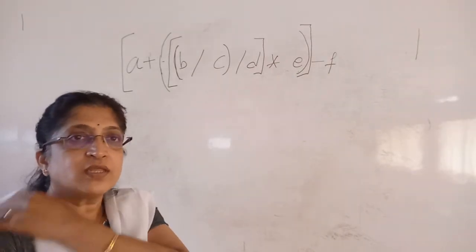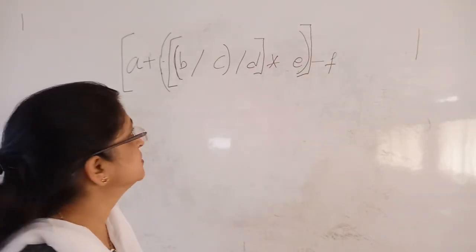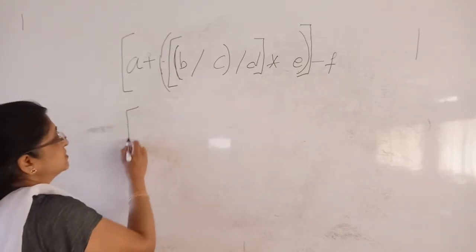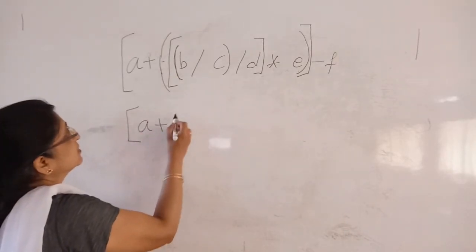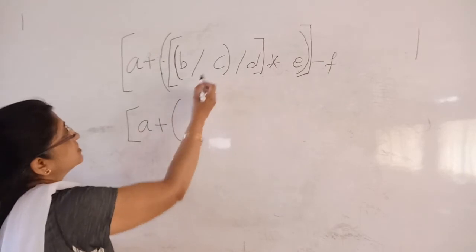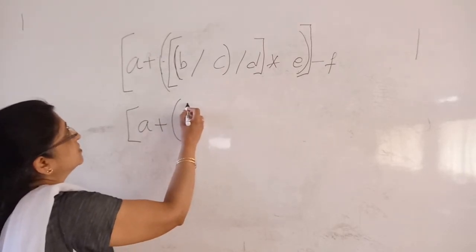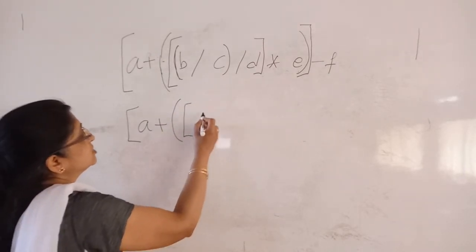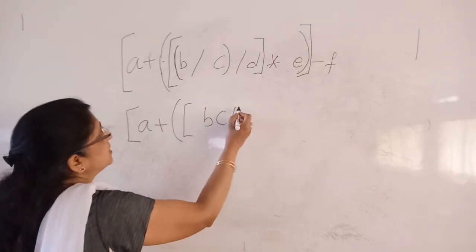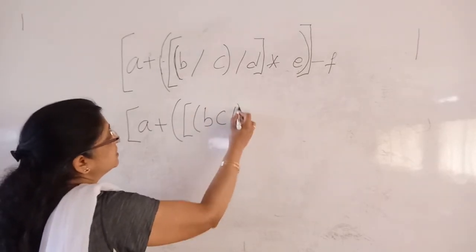Now let's start converting it from the innermost parenthesis. So the innermost parenthesis is B slash C. So we have to convert this to BC slash.